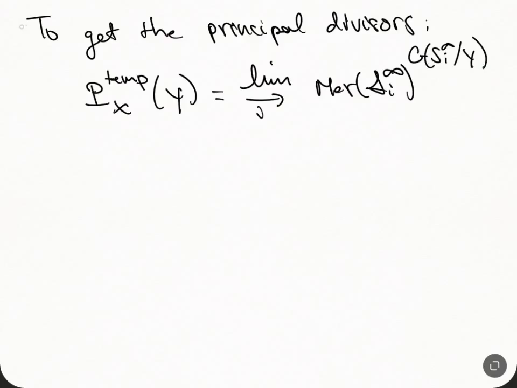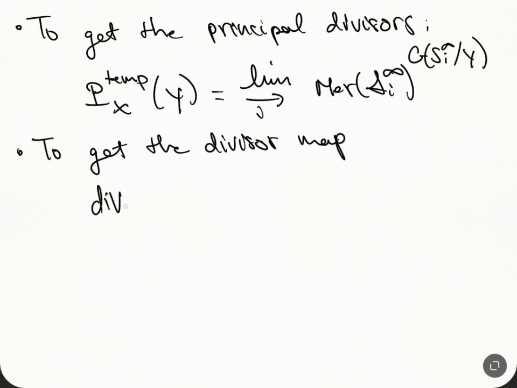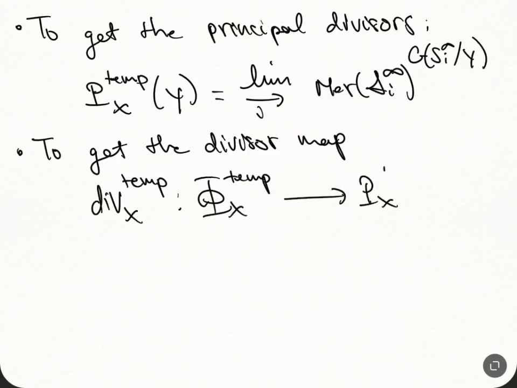Okay, to get the divisor map, we'll take Div_X^temp from Φ_X^temp to P_X^temp.